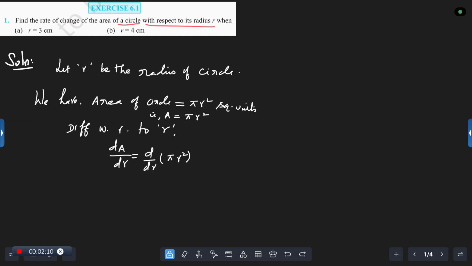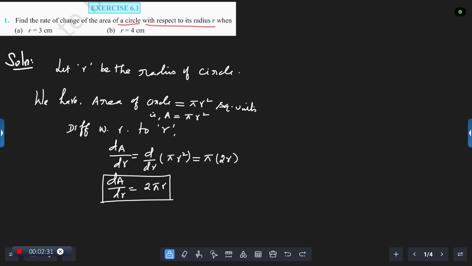Pi is a constant, correct? Pi into 2r. So dA by dr equals 2 pi r. This is the rate of change in area with respect to r.